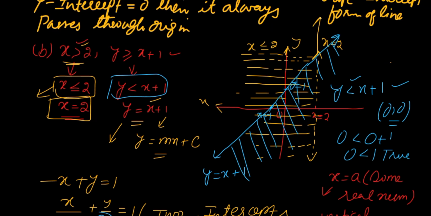Now I just extend your vertical line. This was your first line, x is equal to 2. Now the common unshaded area between these two lines is this area. That is again an unbounded region.